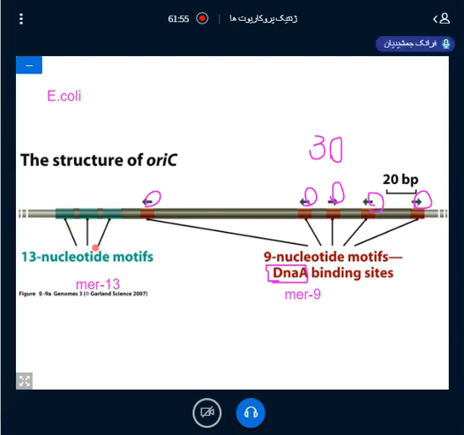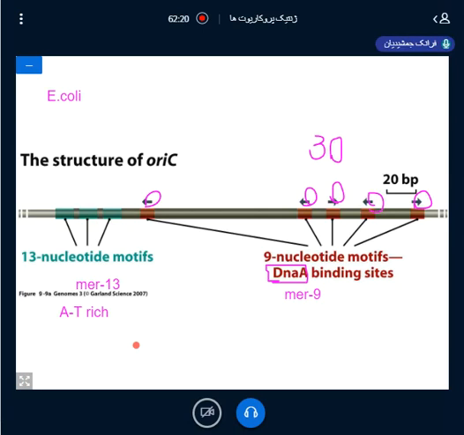And what is the structure of the 13 nucleotides? The 13-mer is an AT-rich domain. Can you tell me what it means when I say AT-rich domain? It means we have so many A and T nucleotides.